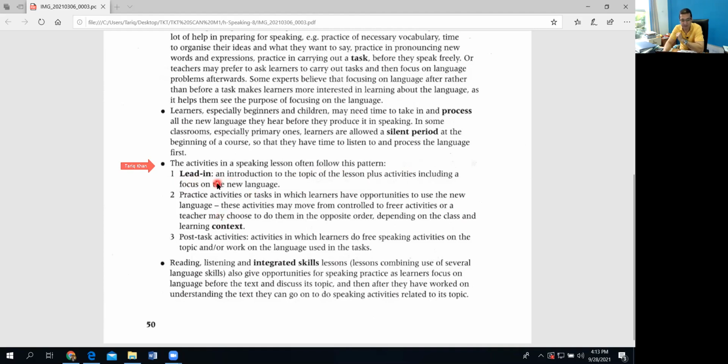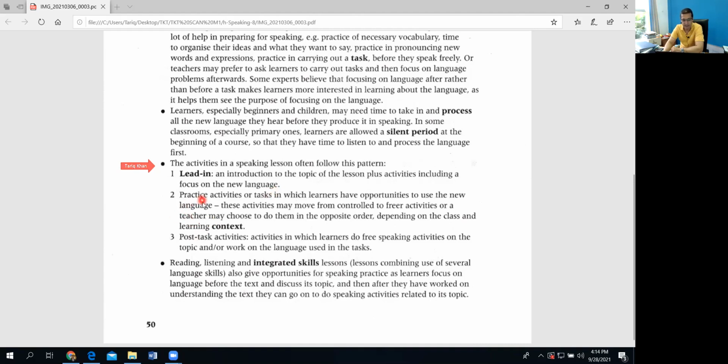Different types of activities are there. An introduction to the topic of the lesson plus activities including a focus on the new language. So you give a kind of activity, and there is a reference to the topic you are going to discuss with the students. That kind of activity is a lead-in activity.